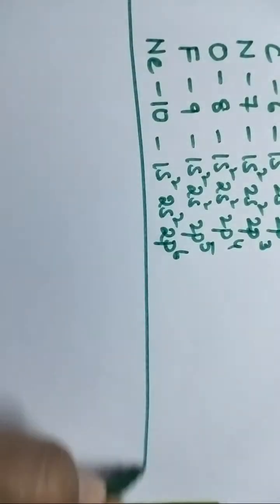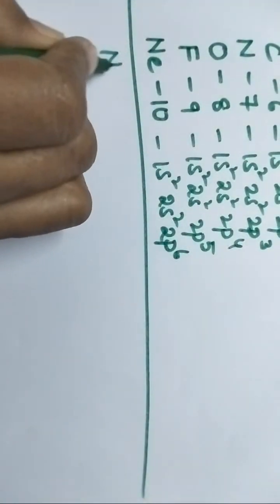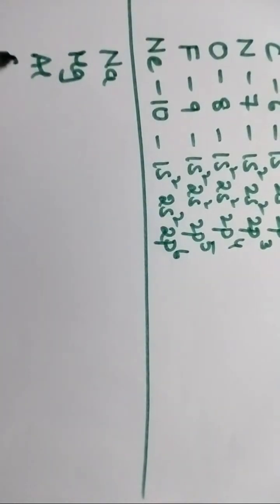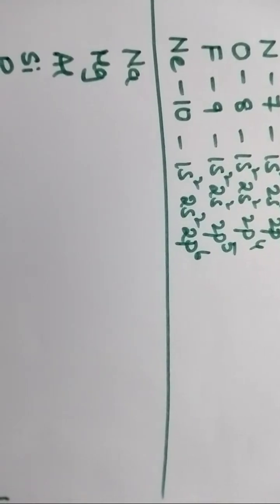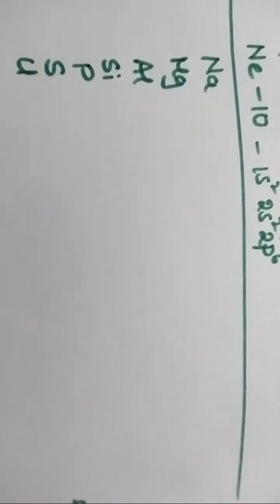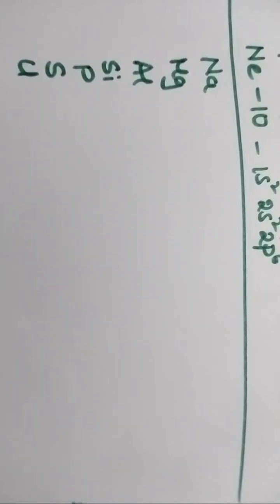Moving to the next 10 elements, sodium, magnesium, aluminium, silicon, phosphorus, sulfur, chlorine, will you practice the configuration?